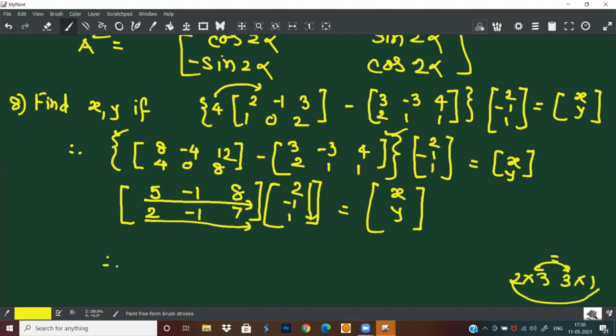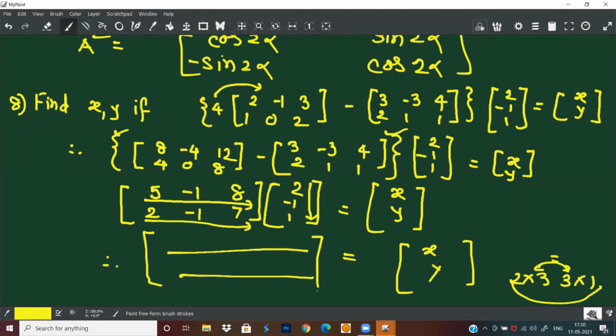So मेरा order of the product is 2/1. It has to be. Otherwise, I cannot equate with X and Y. There will be 2 rows and 1 column. तो यहाँ से पहला रो एंड पहला कॉलम, यहाँ है दूसरा रो एंड पहला कॉलम. एक ही तो कॉलम है सेकंड में.